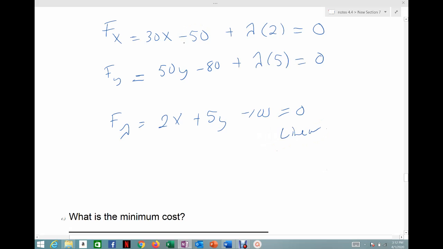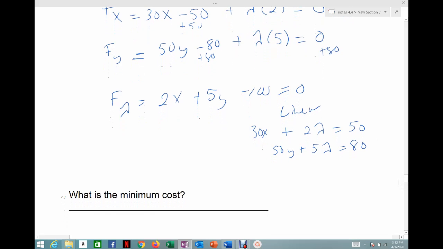I've got to move the 50 over, so I've got to add the 50, the constant's got to go over to the other side, so my equation is 30x, there's no y, 2 lambda equals 50. The second equation, I've got to move the 80 over. There's no x, there's a 50y plus 5 lambda equals 80.